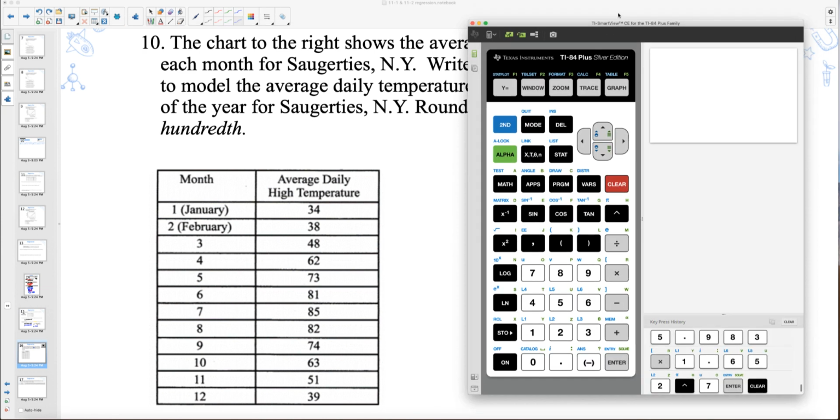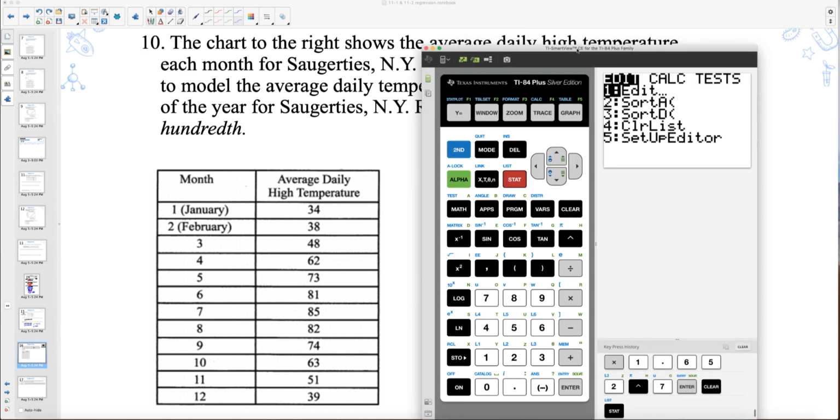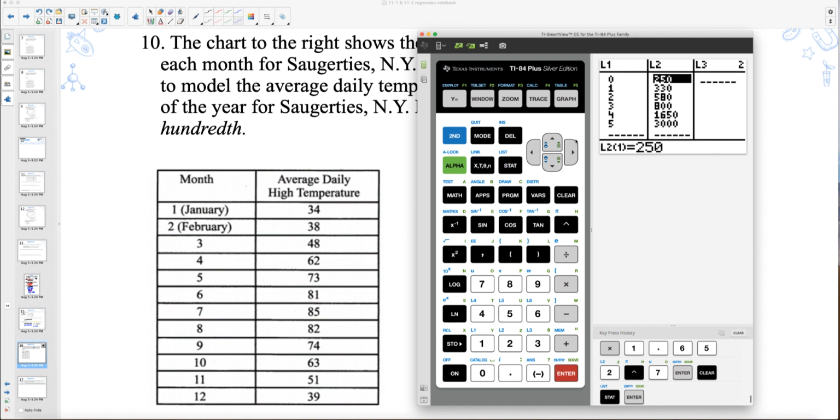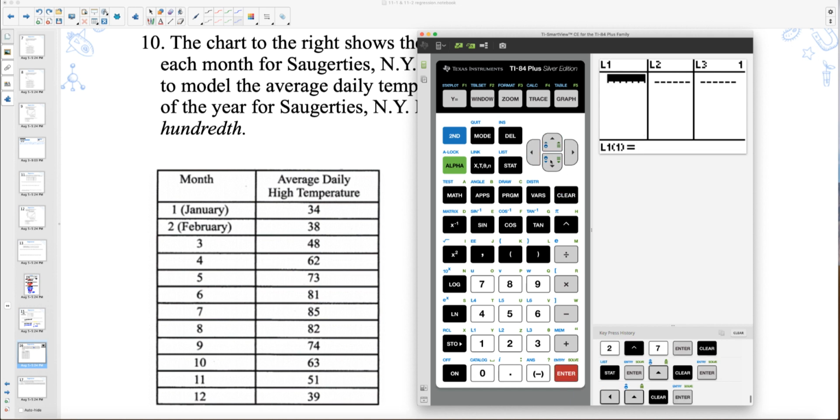So same thing we've been doing, we'll just go ahead, put in our data into L1, so we'll take a moment to do that. Okay, each month is represented by 1 through 12, 1 for January, 12 for December. In January, its average high is 34.